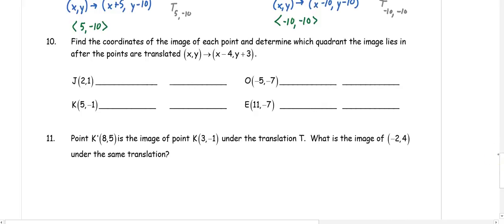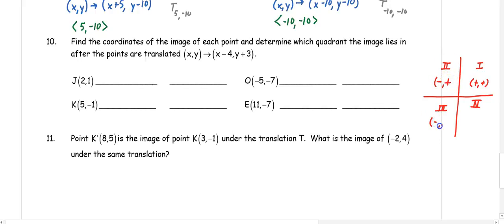Number 10, find the coordinate of the image of each point and determine which quadrant the points lie in. As a quick review about quadrants, remember that we have 4 quadrants on the coordinate plane. They're numbered counterclockwise. In the first quadrant, both coordinates are positive. In the second quadrant, our x is negative, but our y is positive.